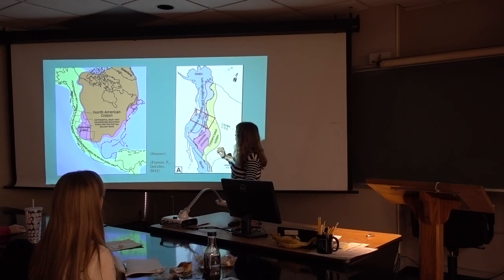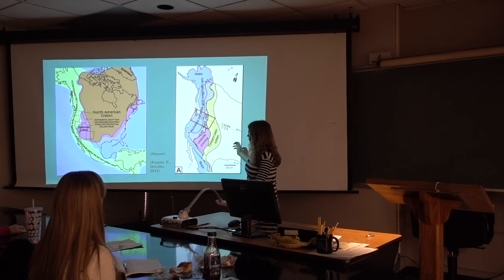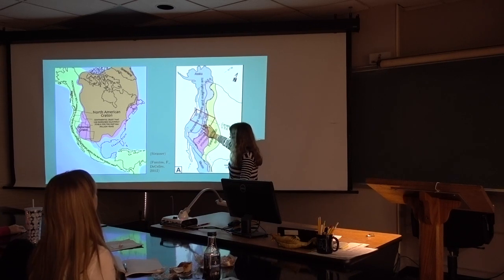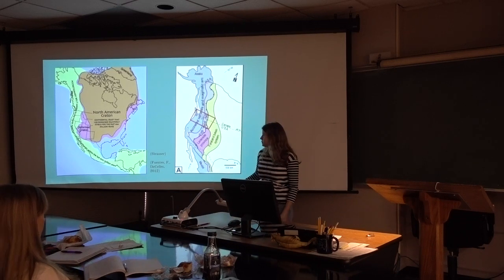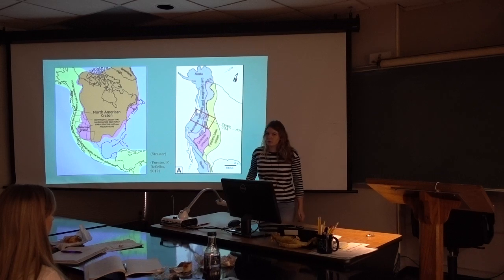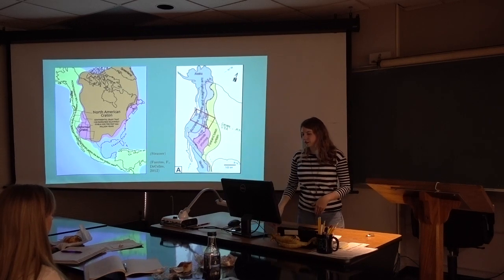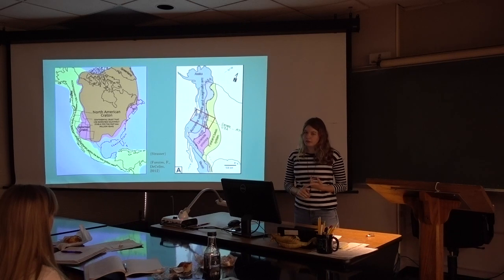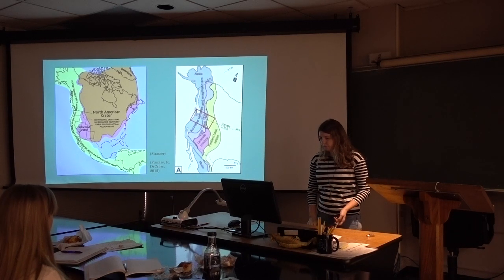Our blues are accreted terrains and magmatic arcs, island arcs that were sutured to the North American continent. Here's our foreland basin, and right in between them, in that deformed craton part, we have the fold-thrust belt. And the Lewis thrust is right here, on the border between the two, and that goes right through Glacier National Park. So you can actually see where the fold-thrust belt ends and the foreland basin begins.